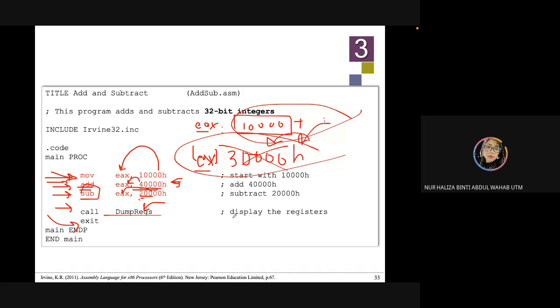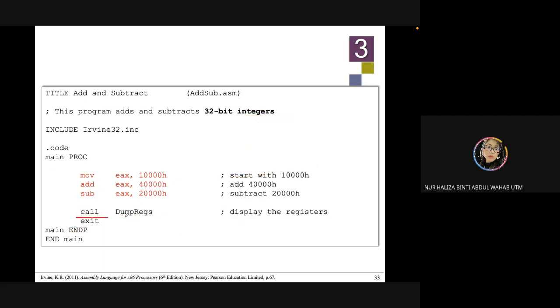But if you want to display, you nak tengok jawapan akhir tu, you need to use this one, call dump register. This call dump register is for you to display the register value yang paling akhir after you execute all the code here.